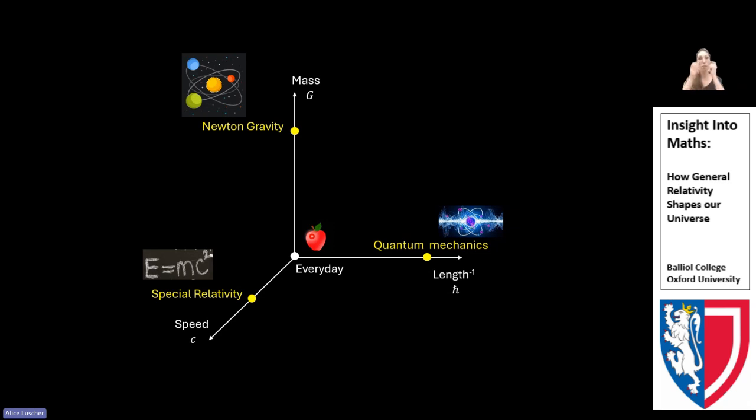But now if I'm talking about two very massive objects, such as the Earth and the Sun, they're both exerting this gravitational force towards each other. That's the general law of gravitation that keeps the planets in orbit. And so that is Newton's law of gravity. So for small stuff, I need quantum mechanics. For heavy stuff, I need Newton's gravity.